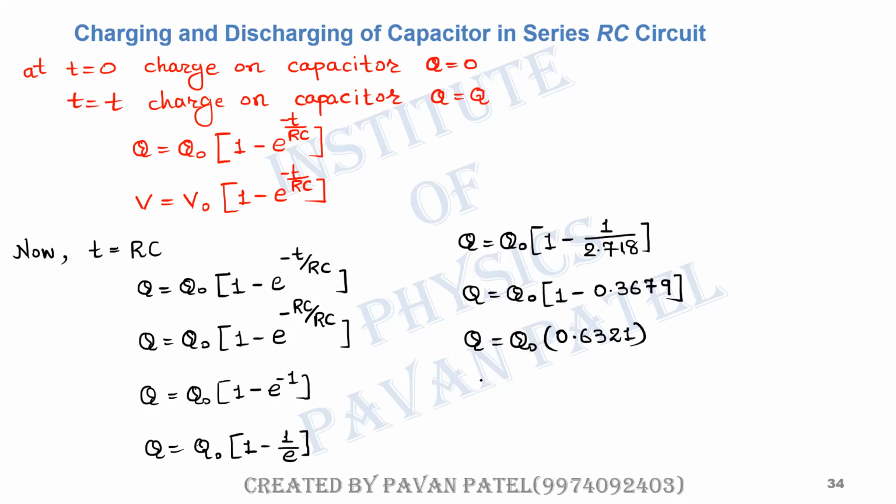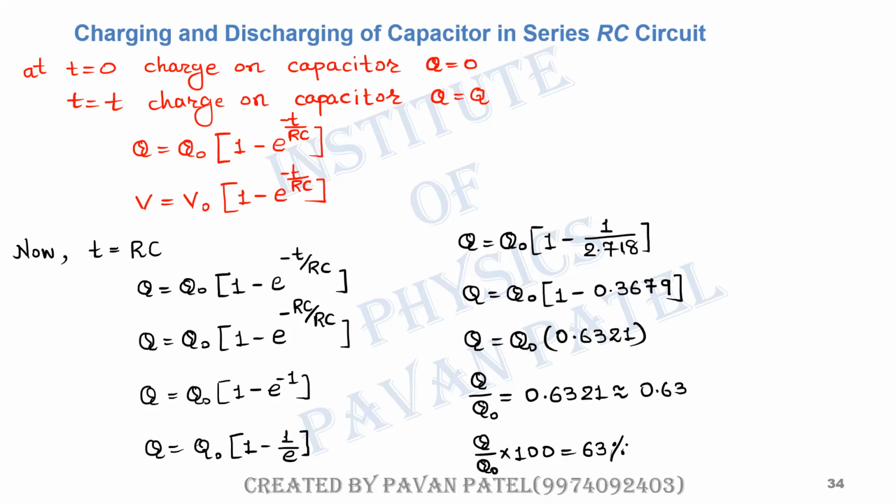So if we consider q divided by q0, it is equal to 0.6321, approximately 0.63, and therefore q divided by q0 into 100 is equal to 63 percent.